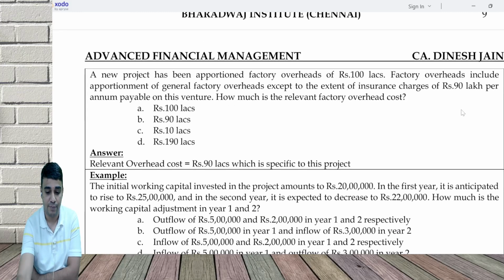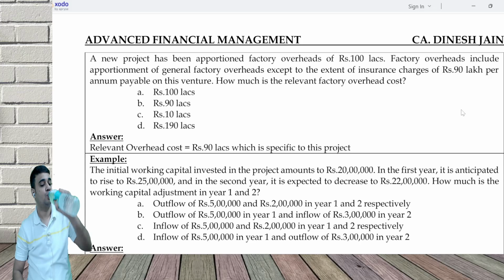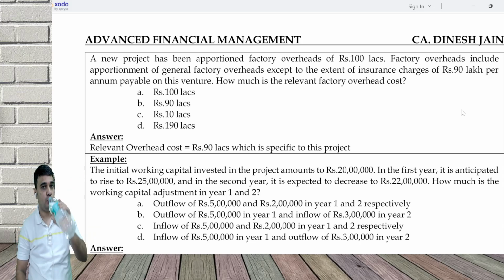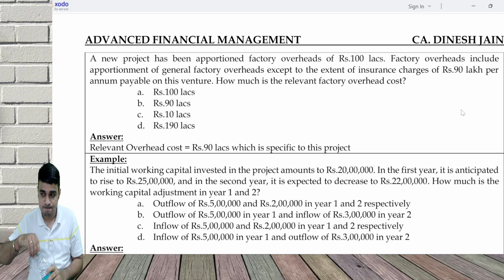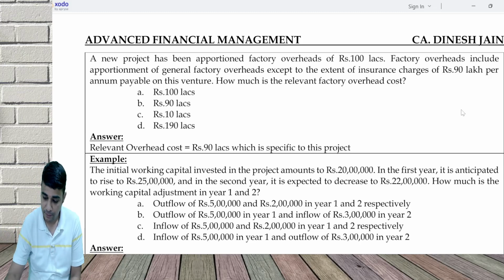Tell me in this example, what will happen? How much is the initial working capital? 20 lakhs.